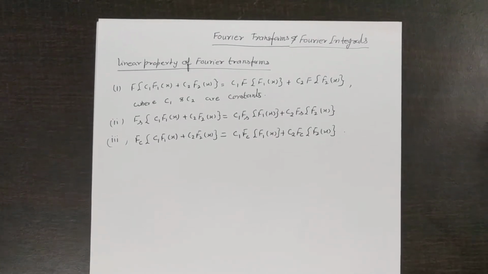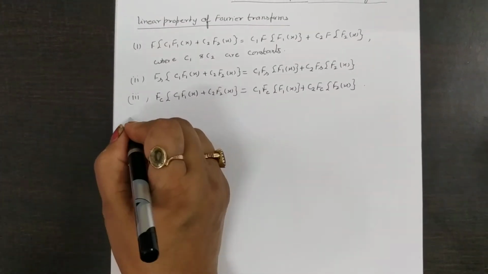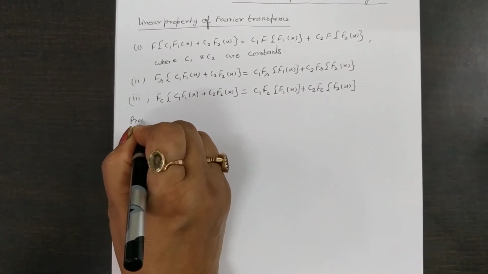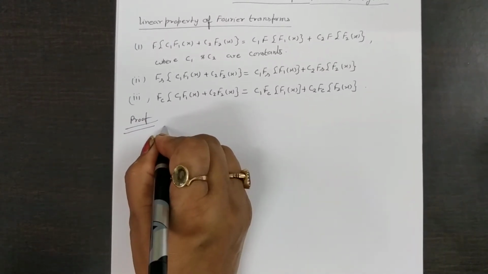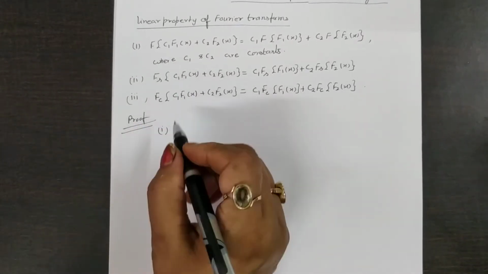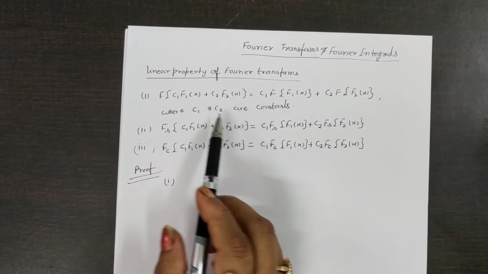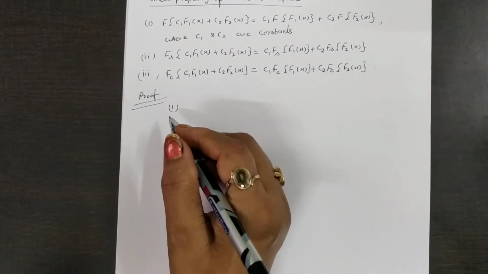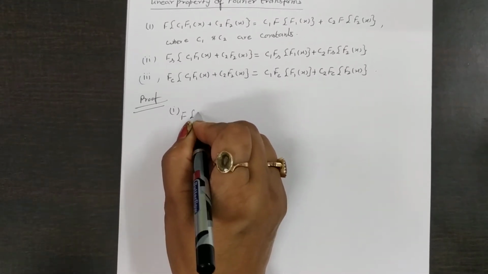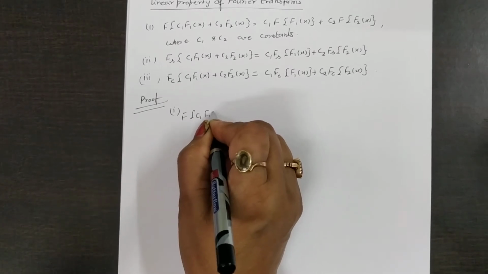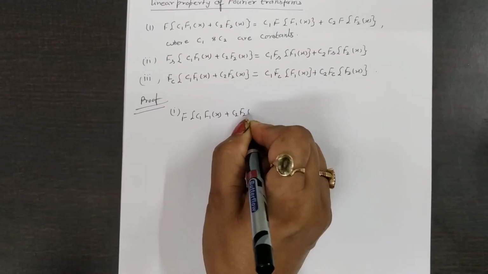Now we prove all the properties. For the first property, we take the LHS: F[c1 f1(x) + c2 f2(x)].